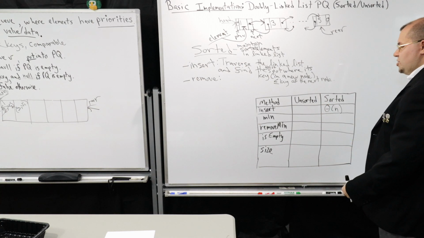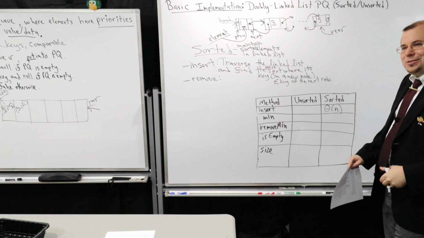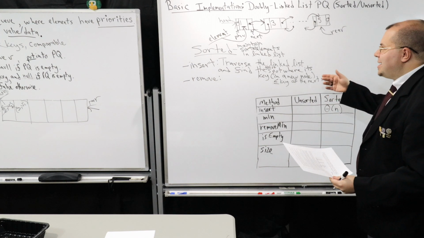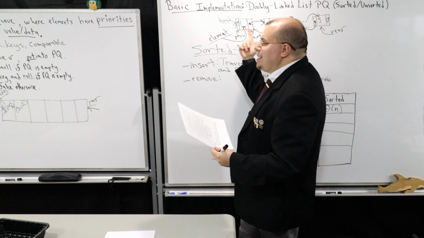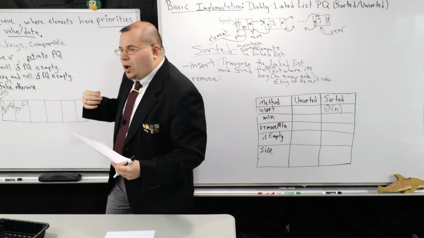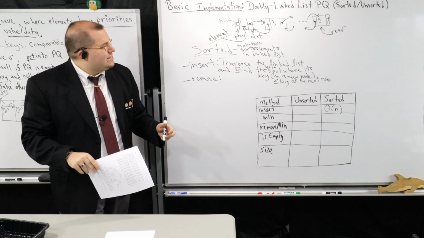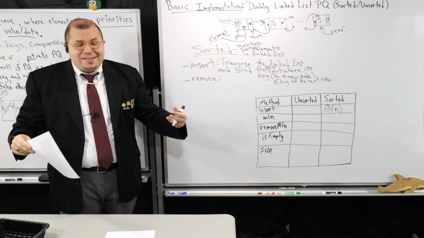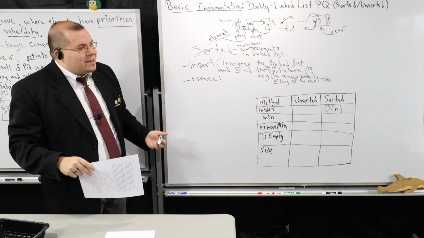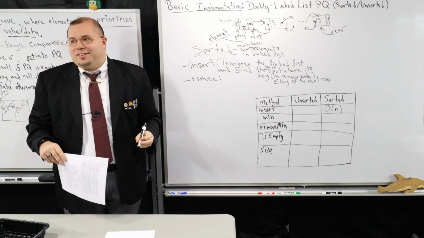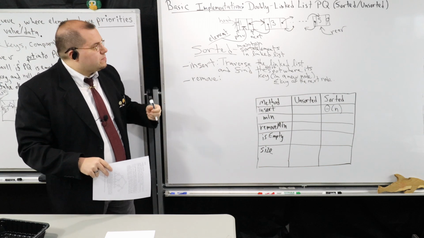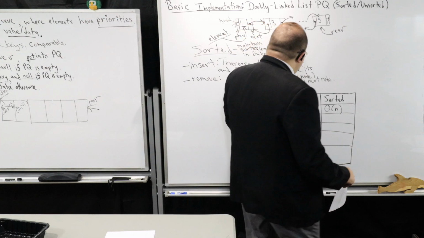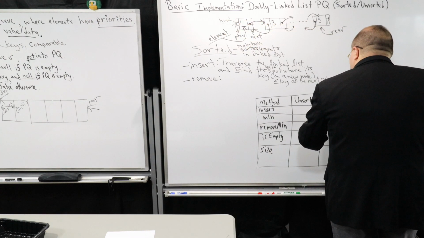If I want to get just the min, here's the great part about this approach: the minimal key is always the first node. So if I want to get min, it's right at the head of the linked list, referred to right at the head. So I can do that in constant time.